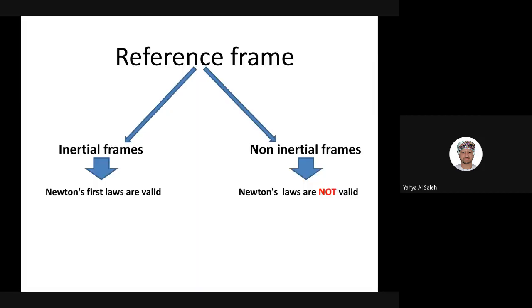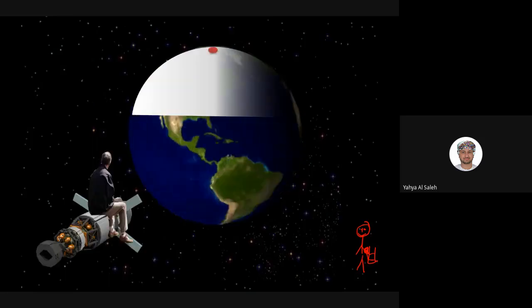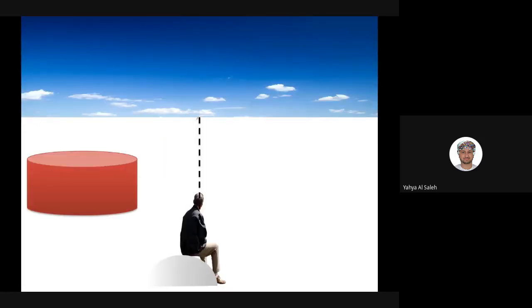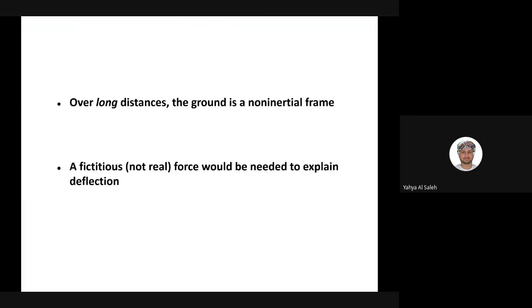Non-inertial frames, Newton's laws are not valid. We need to fix them. Okay? So we need to fix them by adding a fictitious, non-real force. Remember when we were dealing with circular motion, we said we have centripetal acceleration or centripetal force always towards the center? Yes. Okay.